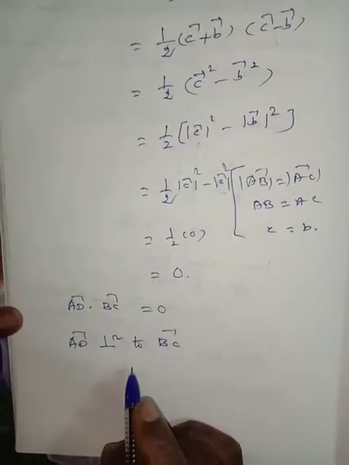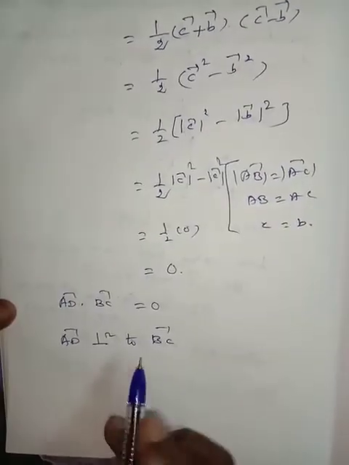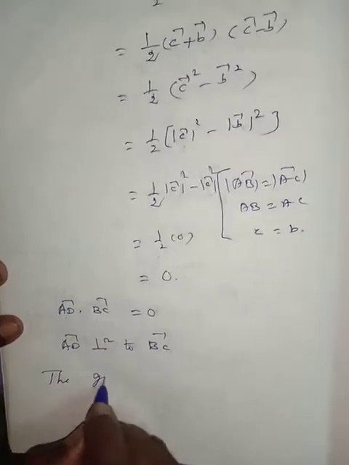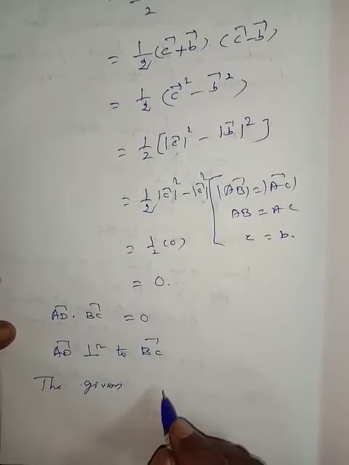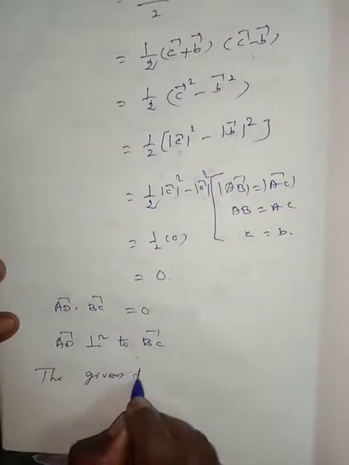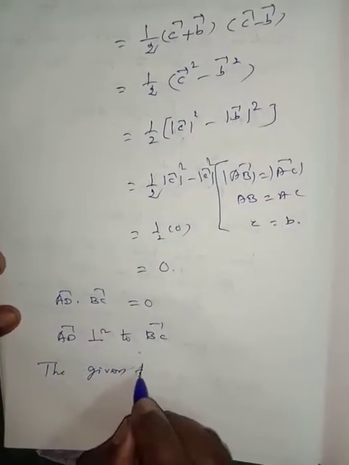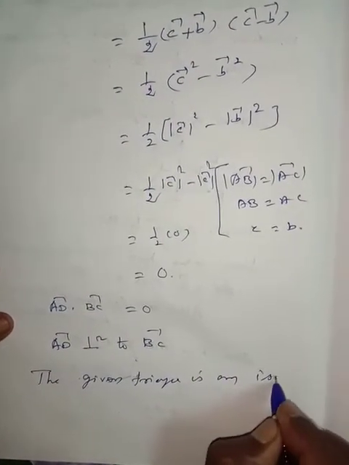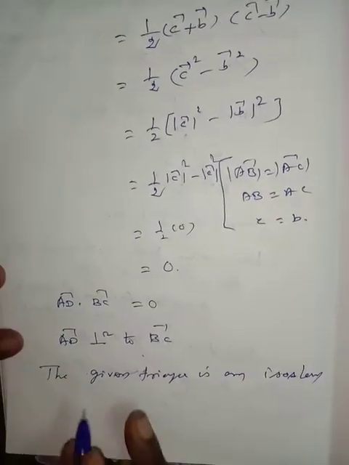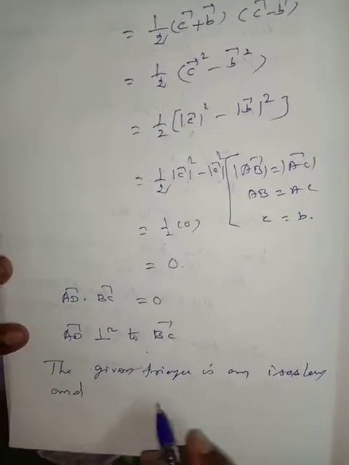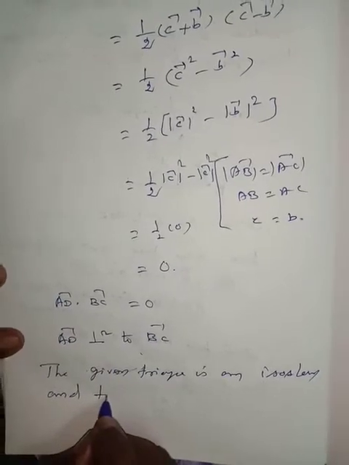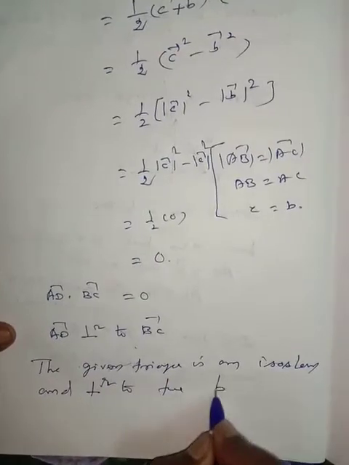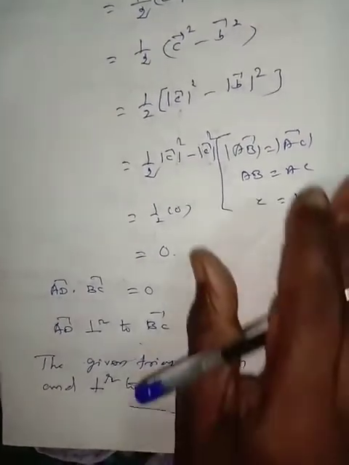Therefore the given triangle is an isosceles and the line is perpendicular to the base. Hence the result.